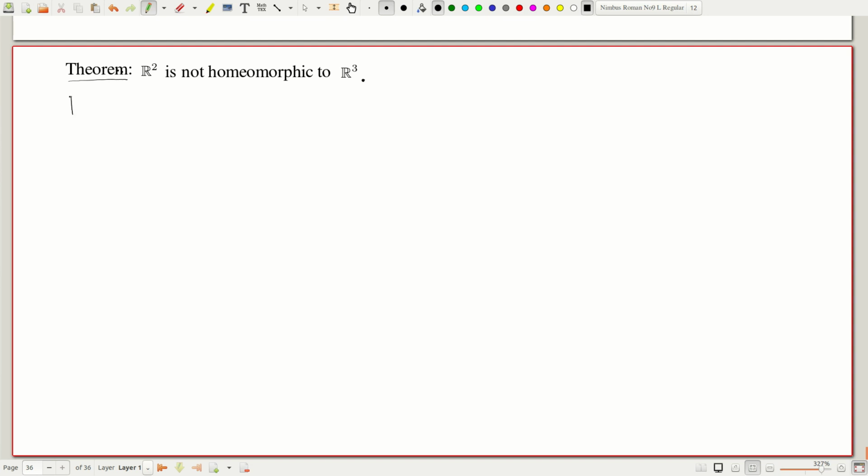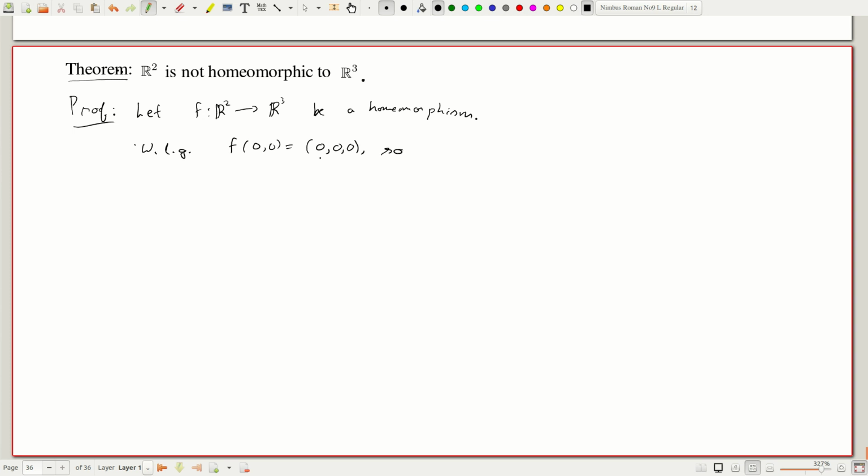Okay, so the proof is that, let f from, let's say, R2 to R3 be a homeomorphism, and we'll get a contradiction. Without loss of generality, we can say that f of the origin is the origin in R3.